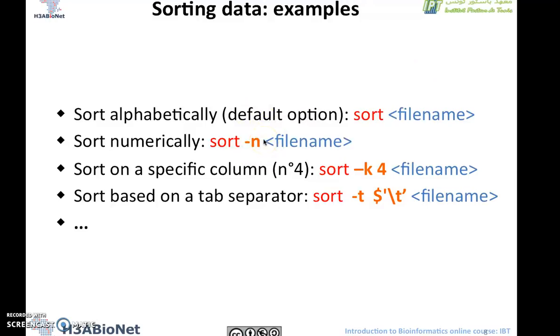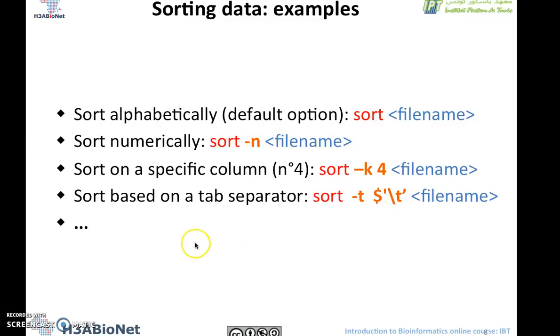If you would like to specify the column on which the sorting is going to be done, you have to specify the number of the column after the option -k. So here the command is sort, the option is -k, and I'm specifying that I would like the sorting to be done on column 4 of the file name that I'm going to specify as an argument.